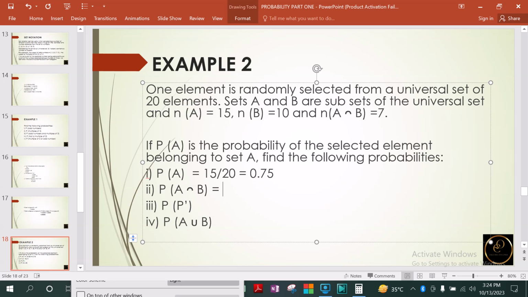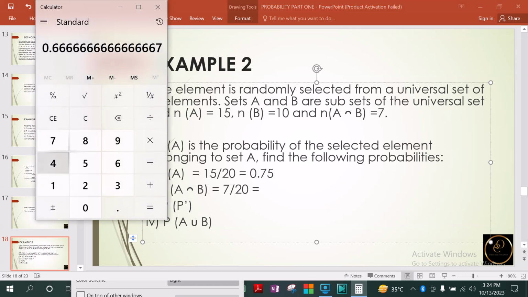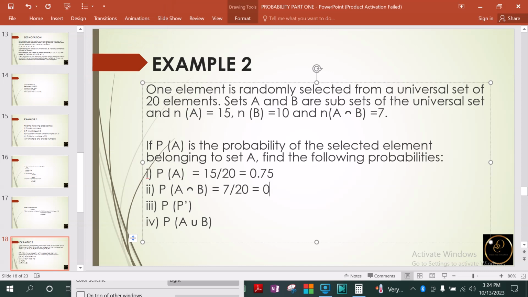The favorable outcome is 7 divided by the possible 20 outcomes. So what do we have? The probability will be calculated as 7 divided by 20, given as 0.35. So that's what we have.